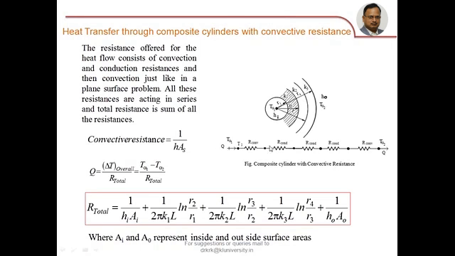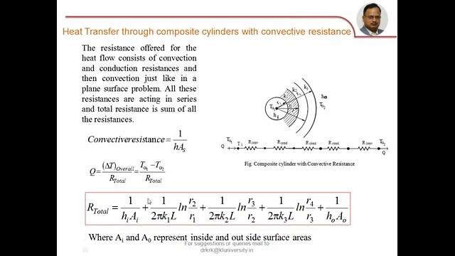So instead of considering only conduction resistance, by virtue of the surfaces exposed to a medium having limited convective ability, we are considering two more resistances called convective resistances, both inside and outside.